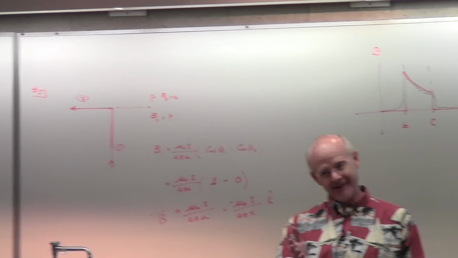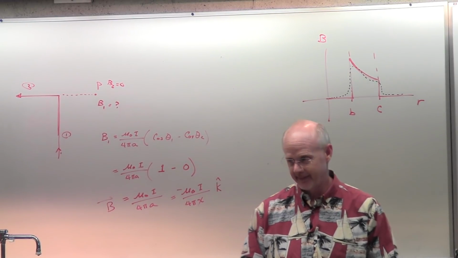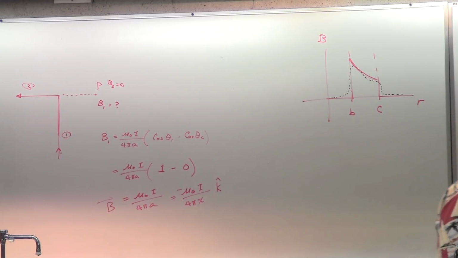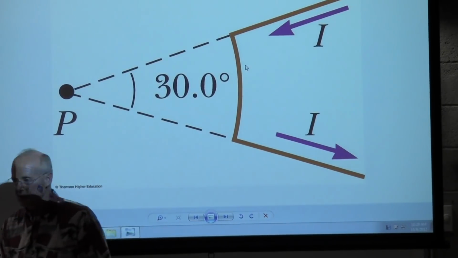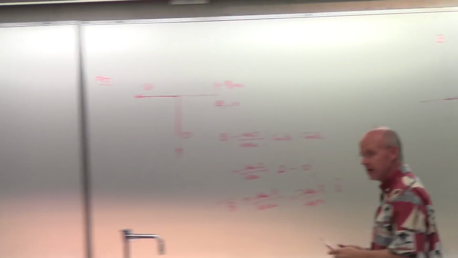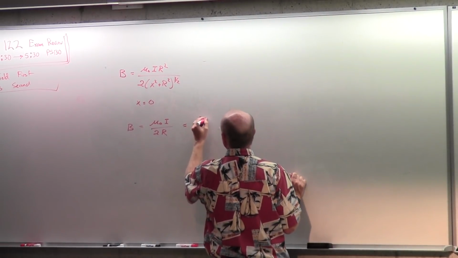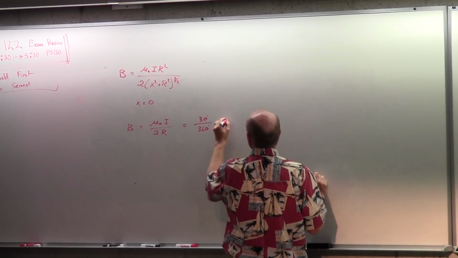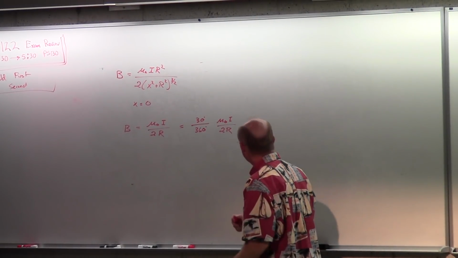I'm not in the whole plane. I mean, I'm in the plane, but I'm not a whole circle. So what do I need to do? How much of a circle do I have, right? And it says it subtends an angle of 30 degrees. So how much of a circle is 30 degrees? Okay, if you want to do it as a proportion, 30 over 360, I like that. Mu naught I over 2r.